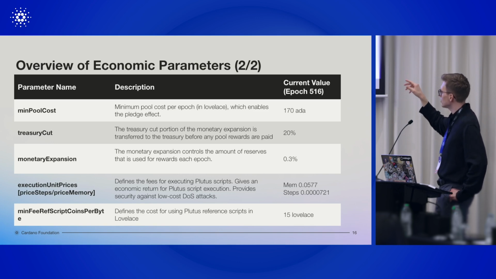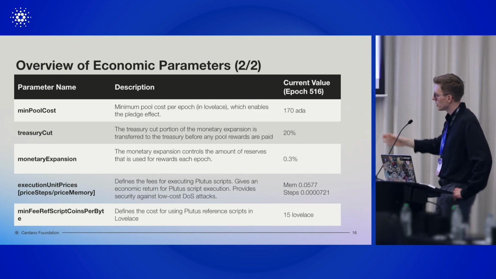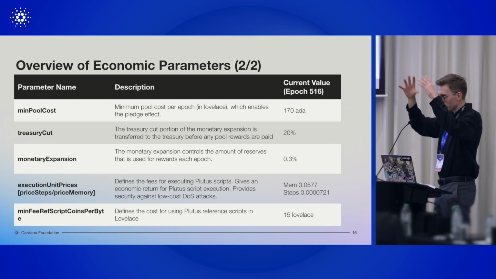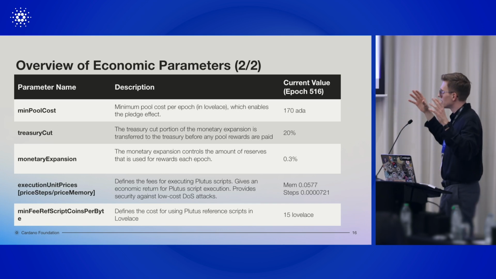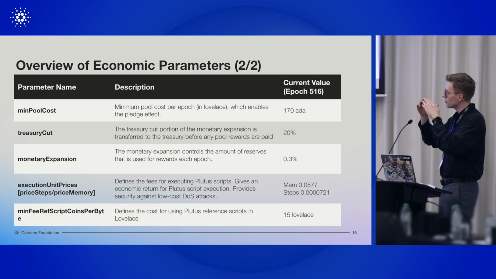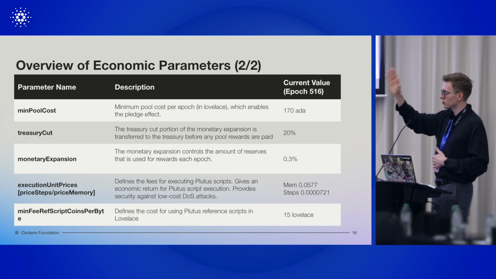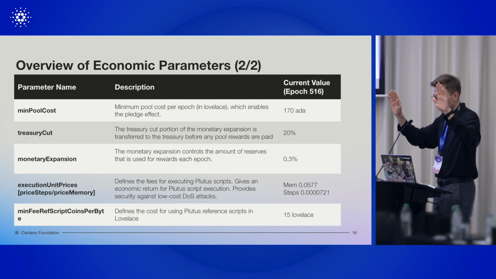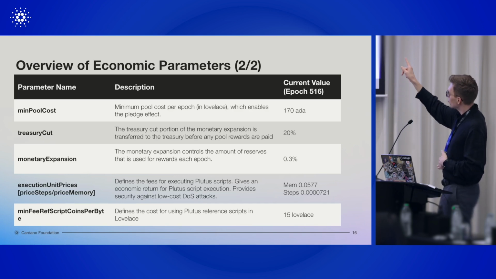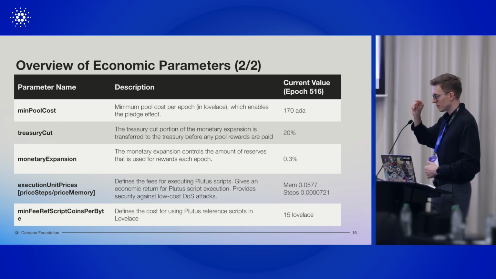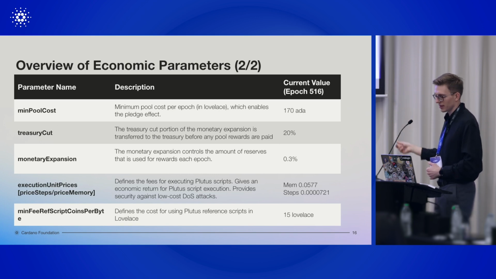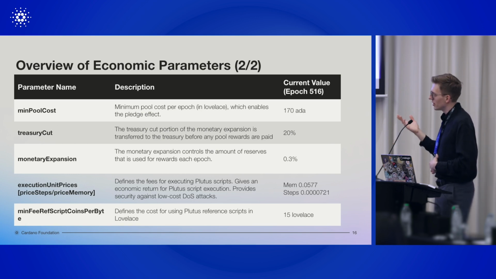So 0.3% each epoch flows out of the reserves. Let's just imagine there's this bucket, and in this bucket, the transaction fees that were collected in this epoch also flow in. So in this bucket, we have the 0.3% from the reserves and the transaction fees. And then 20% of that goes to the treasury, and 80% goes to the stake pool operators and the delegators as rewards. So for those SPOs who are producing blocks, they get rewarded.